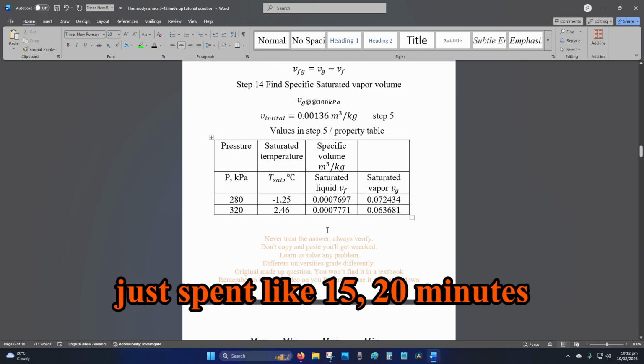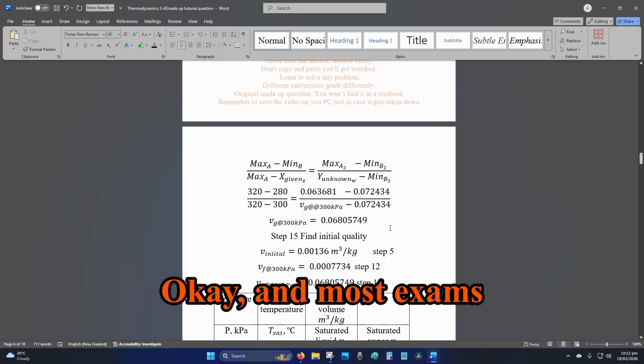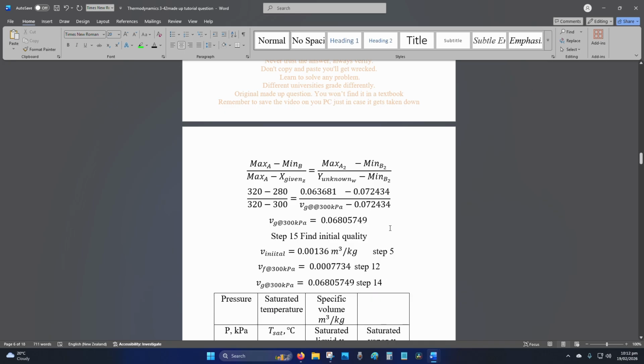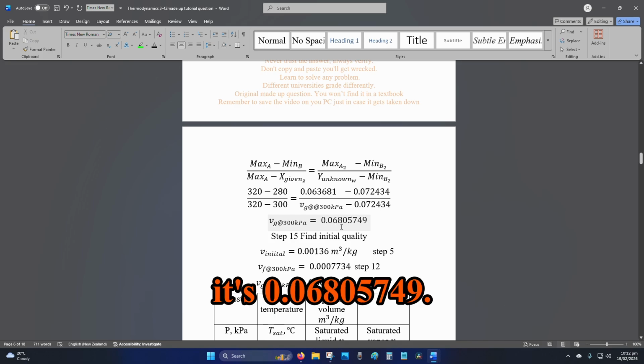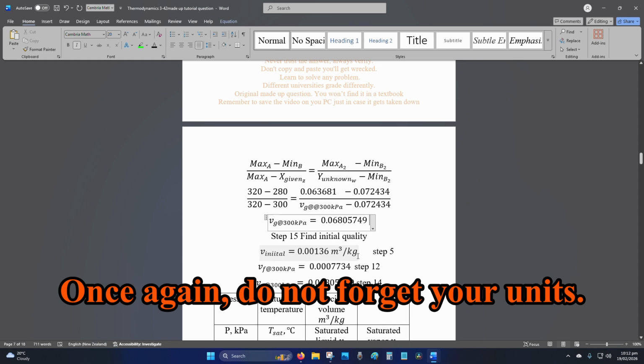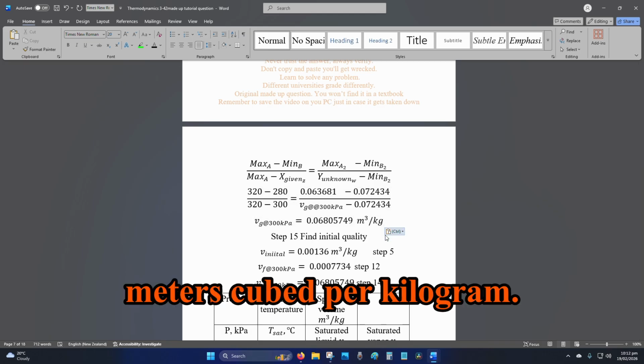So you probably would have just spent like 15-20 minutes just linear interpolating. Okay, and most exams are like 3 hours. So once you've done your linear interpolation, it's 0.0680579. Once again, do not forget your units. Okay, and that's meters cubed per kilogram.